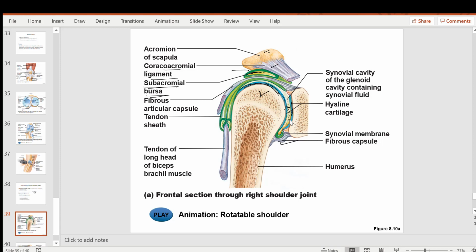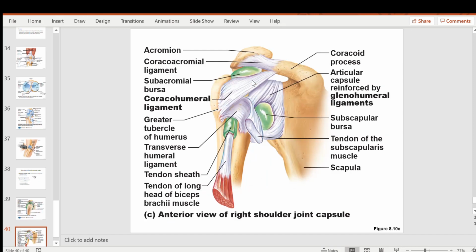When you move your shoulder, when you move your arm, the head of the humerus moves, and this bursa rotates or rolls between the ligament and the head of the humerus.